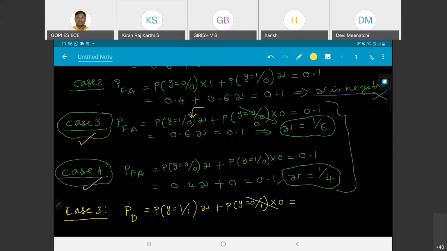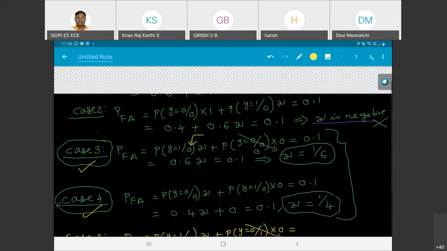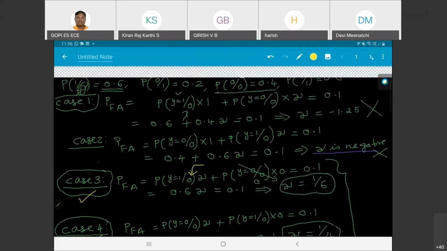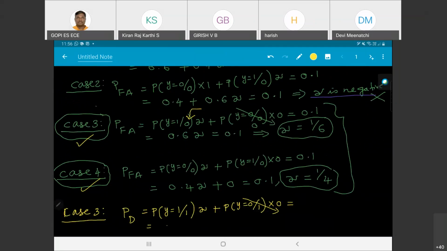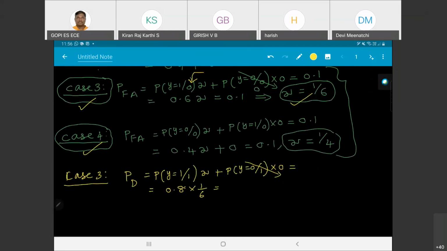Anyhow, the second term is going to be 0. What is the probability of y equal to 1 given 1? It is 0.8 here. So 0.8 into gamma. For case 3, we already got the gamma value as 1 by 6, so it is 0.8 into 1 by 6. This is the probability of detection for case 3.